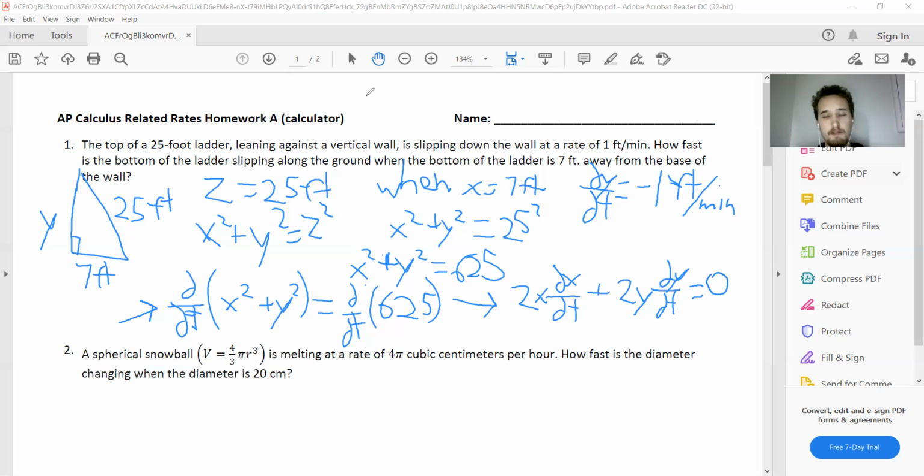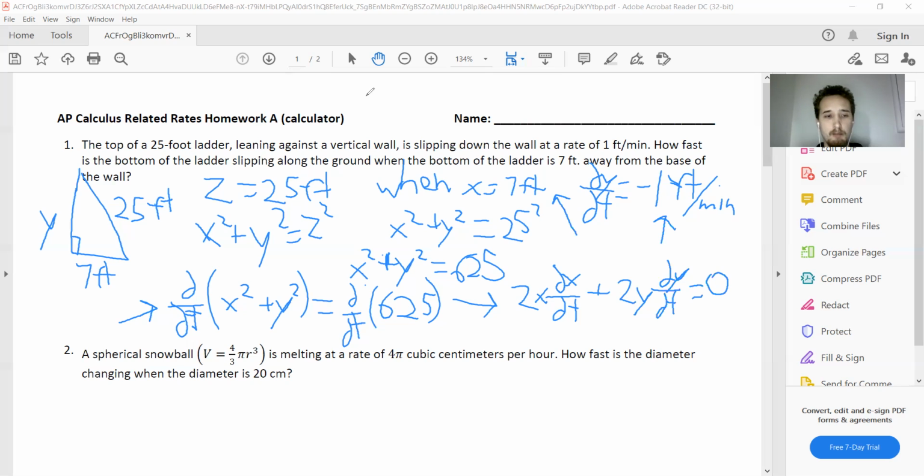Because it's just a constant. So you differentiate it with respect to any variable, it becomes 0. Okay, so we already know we have 4 unknowns here. We have x, dx/dt, y, dy/dt. We already have dy/dt here. We have when x is equal to 7.